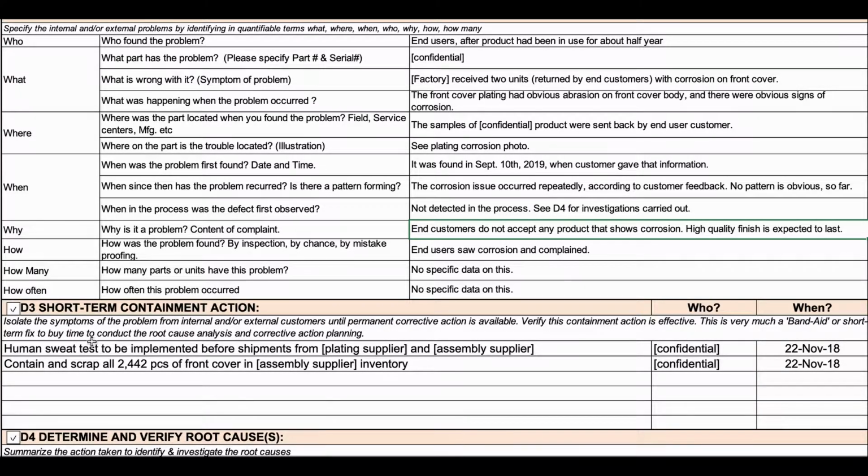Maybe testing, in this case some reliability testing to replicate the effect of someone wearing that product. Right now, don't waste any time. Do something. Very often, there's something that makes sense, for example a human sweat test.